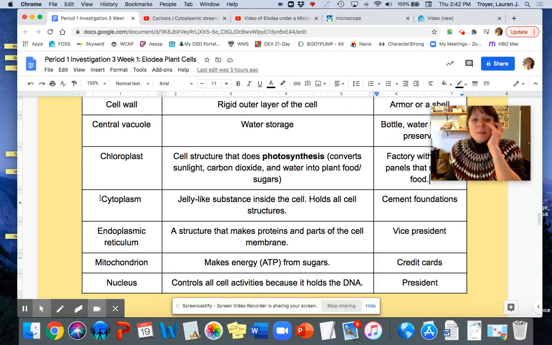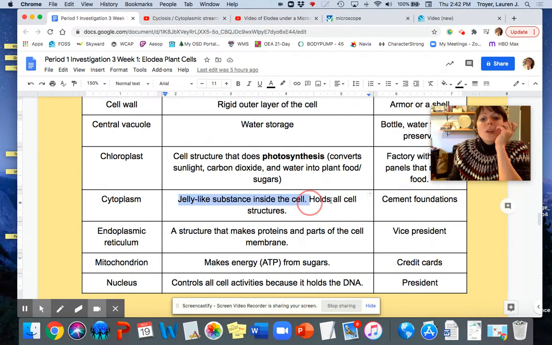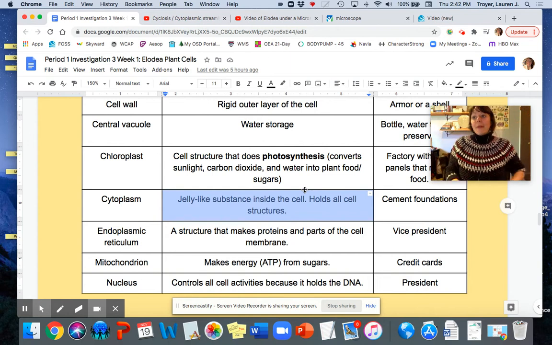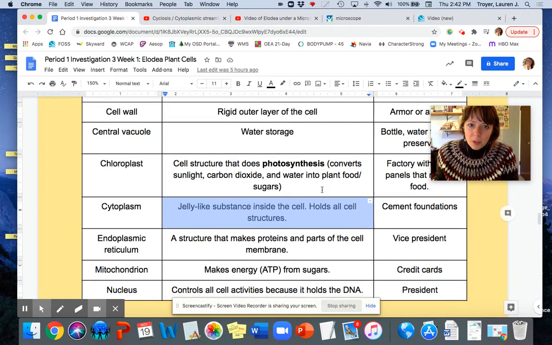Okay, cytoplasm. Cyto means cell. Plasm means liquid. It's a jelly-like substance that's inside the cell. It holds all the cell structures. The cell is not empty. It doesn't have air in there. It's full of this jelly substance. Everything's kind of floating around in it. If you look, you can't see it.